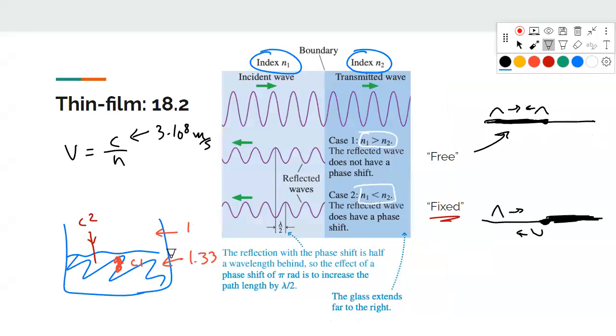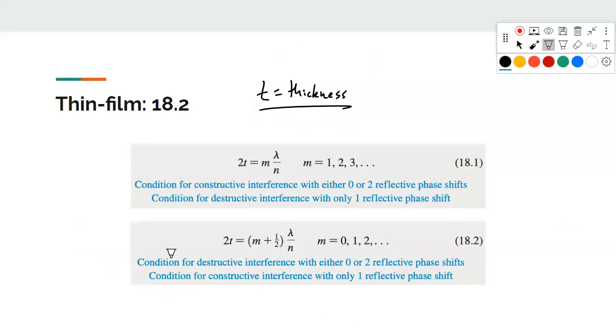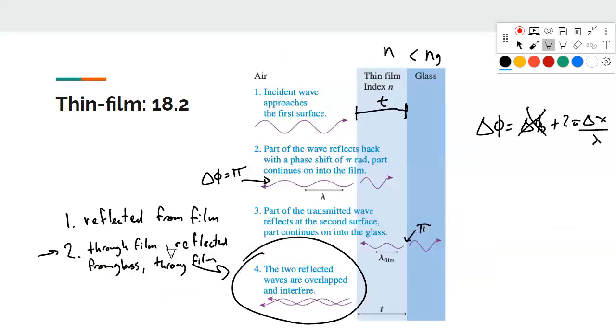shenanigans due to the fact that we have a phase shift of pi for the case n1 less than n2. And so what these formulas say, and there's this blue text below that hopefully helps explain them: for the case where either both of the waves have a phase shift of pi or neither of them have a phase shift of pi. Right, there are two surfaces that things are reflecting from. There's the edge, so we might get a phase shift on this edge, or we might get a phase shift on that edge.